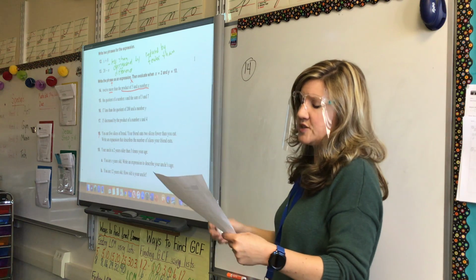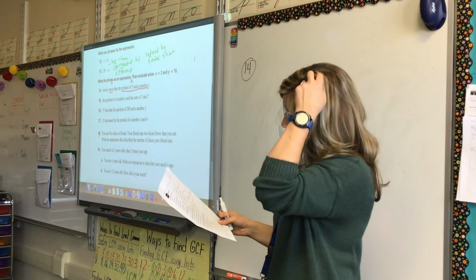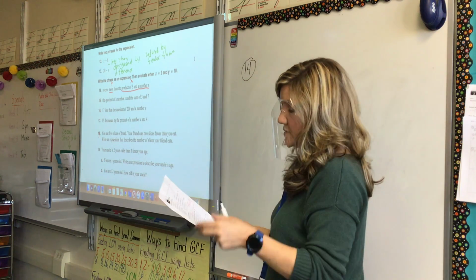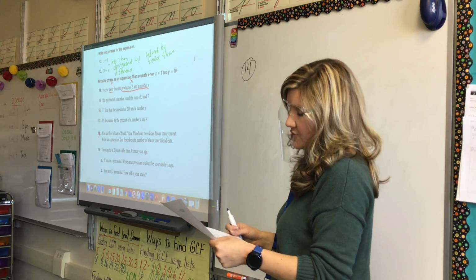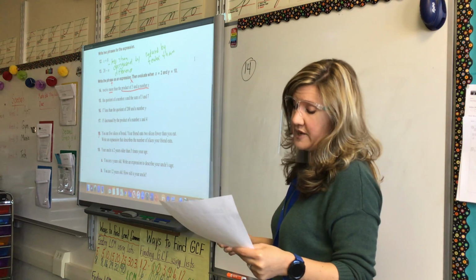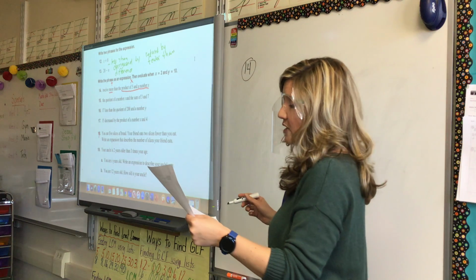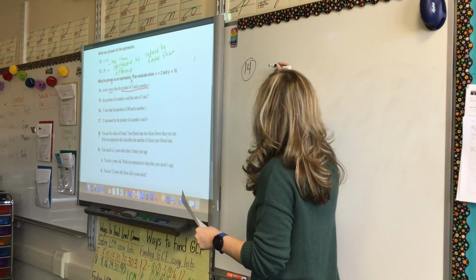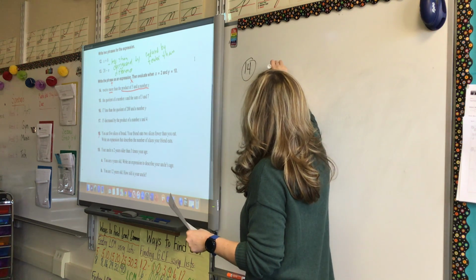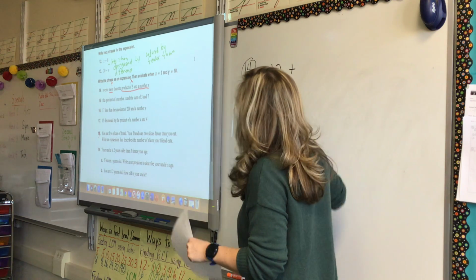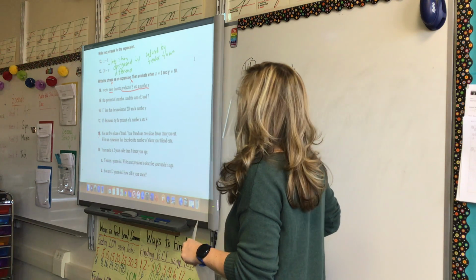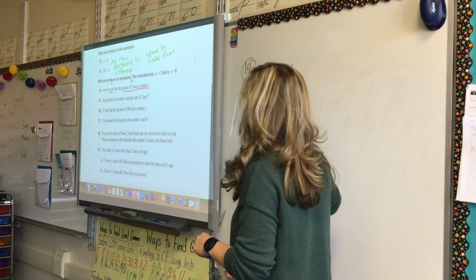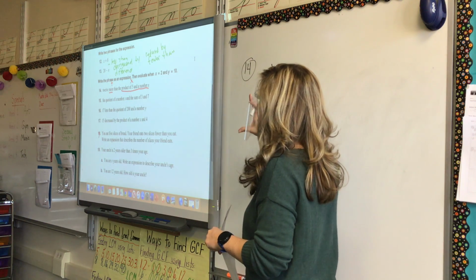So what do we do first? Do I have to find the answer? Yes, eventually. First we have to write down the expression. 12 more than, so 12 plus the product of 5 and a number x. They're saying to multiply 5 and x.